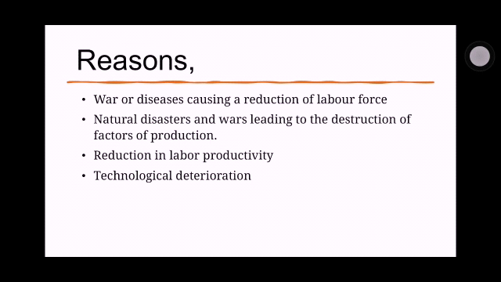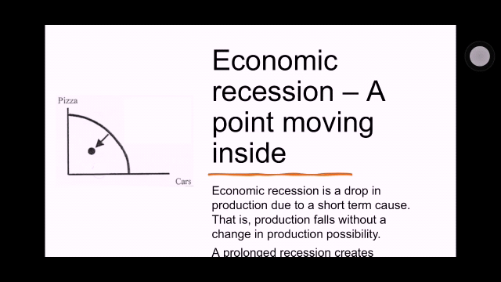And then reduction in labor productivity. Maybe people start going on strikes, they don't want to work, and then the productivity of the labor falls, and technological deterioration. These are basically the opposites of the reasons for economic growth.